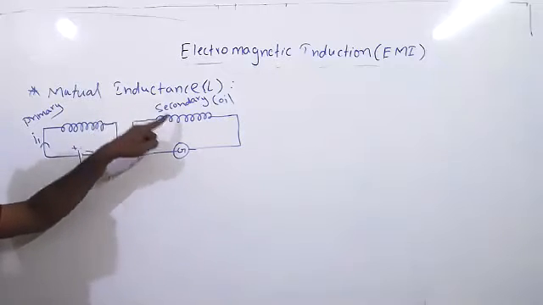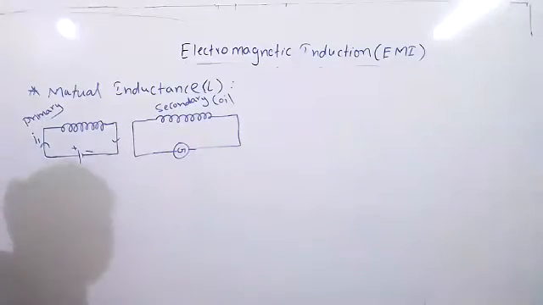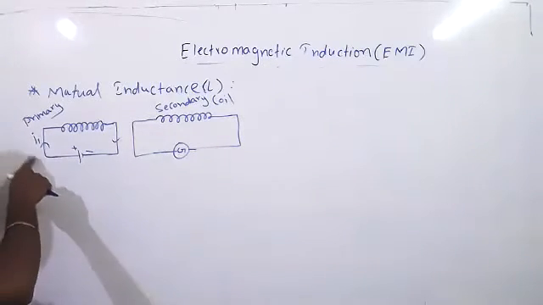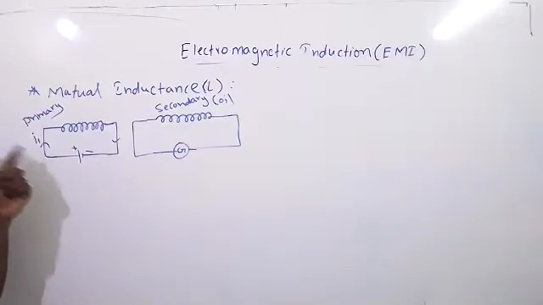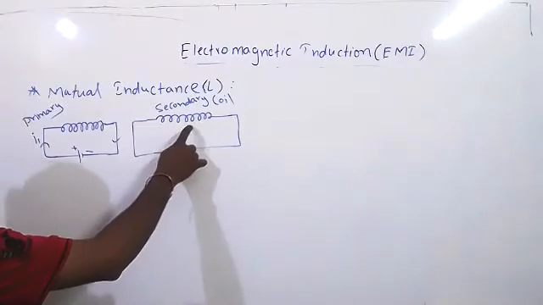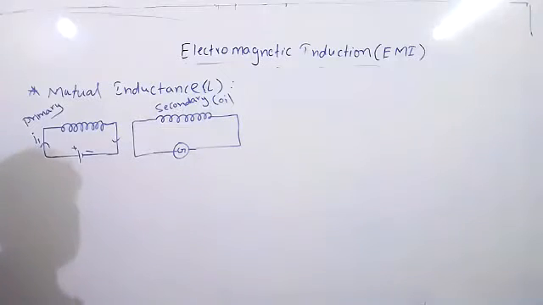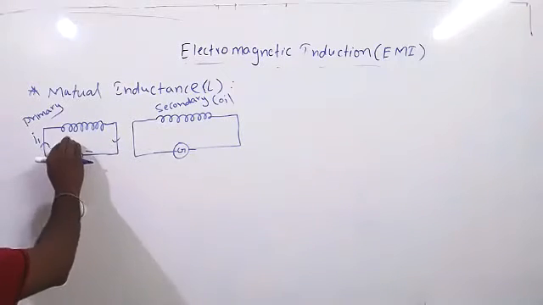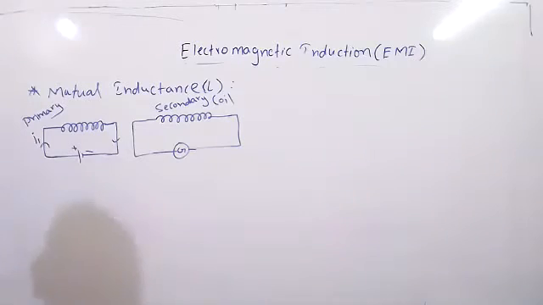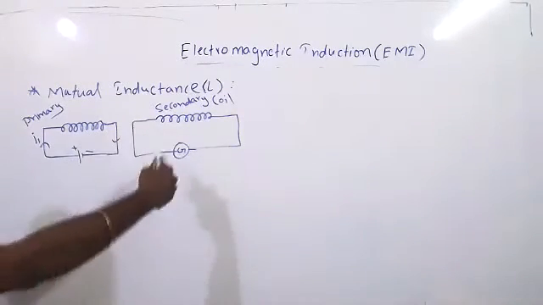That change in flux produces EMF in the secondary coil. So who is changing here? Current. Where? In the primary coil. Due to the change in current in the primary coil, induced EMF is developed in the secondary coil. That is mutual inductance.